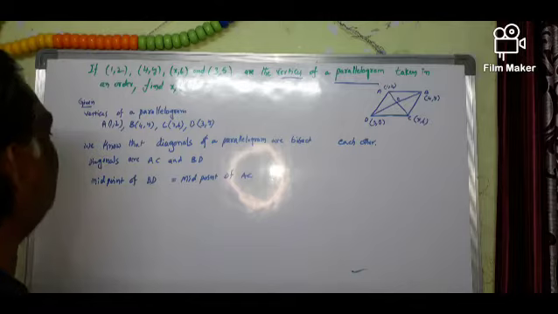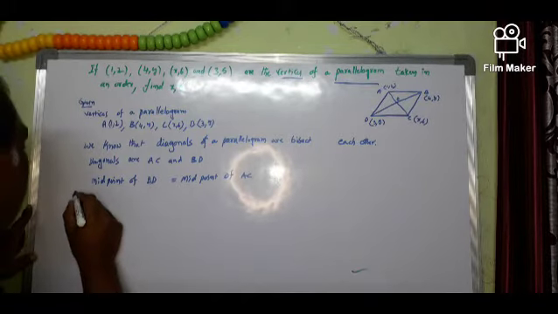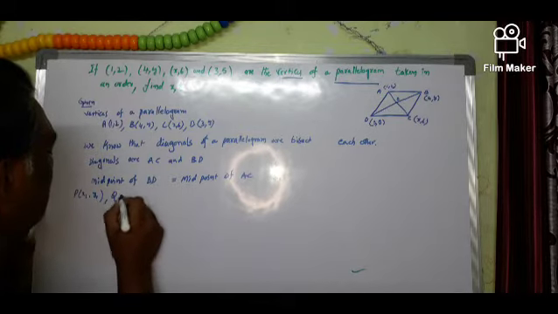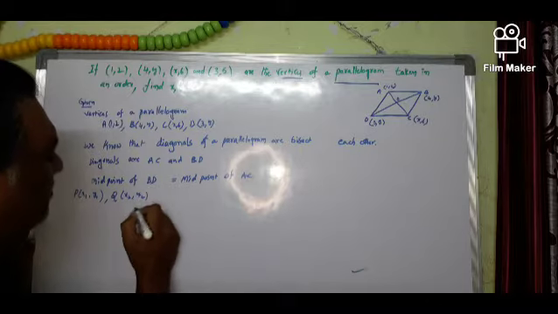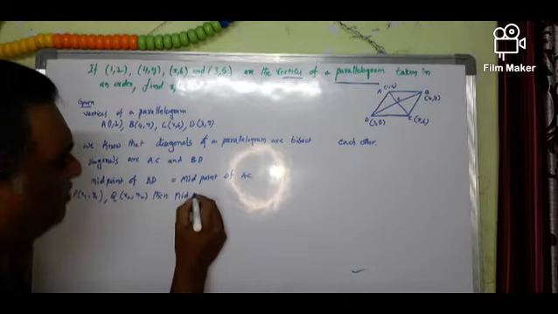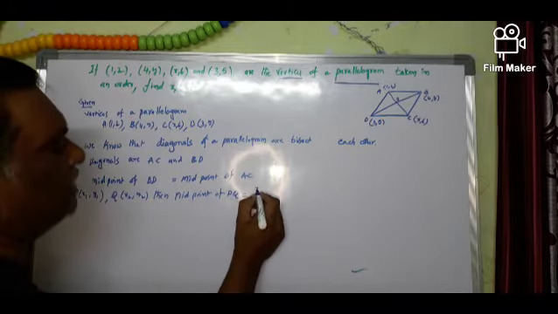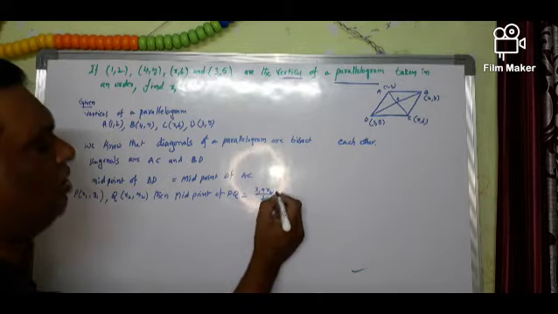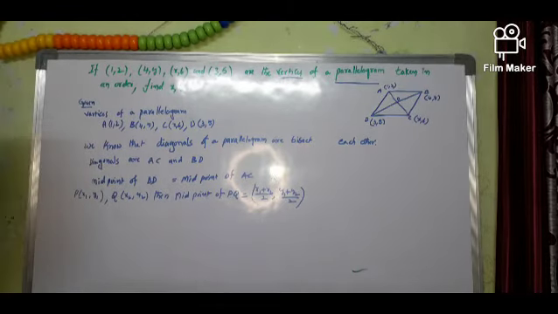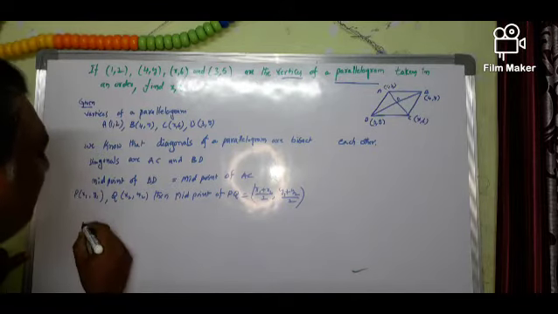We know that if P is (x1, y1) and Q is (x2, y2), then the midpoint of PQ is ((x1 plus x2) by 2, (y1 plus y2) by 2). This is the formula.